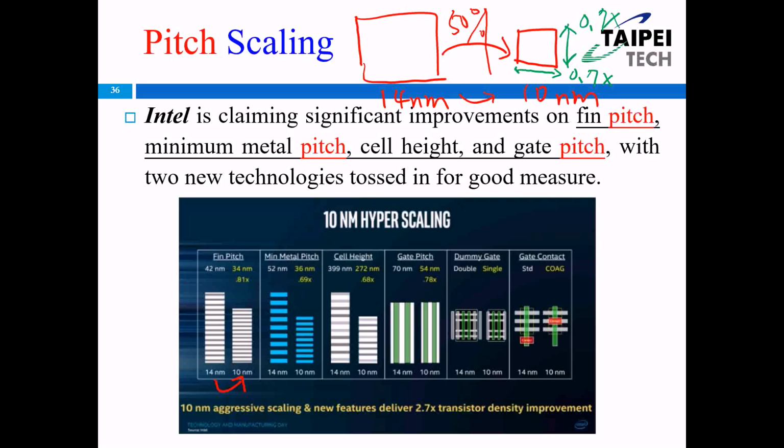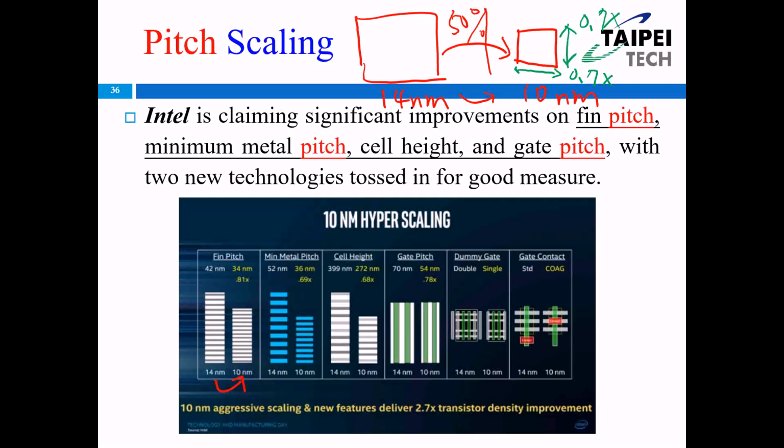So 0.7 times 0.7 is equal to around 50% of the original transistor size, okay? So that's the reason, according to Moore's law, for the next generation chip, the transistor count will double, because the area will become 50% of the original one, okay?